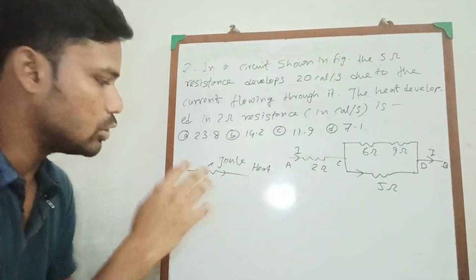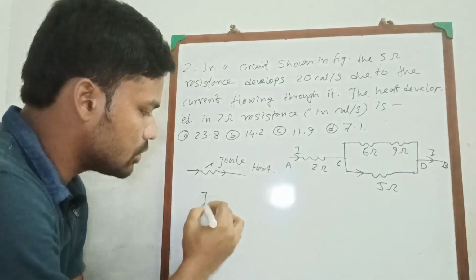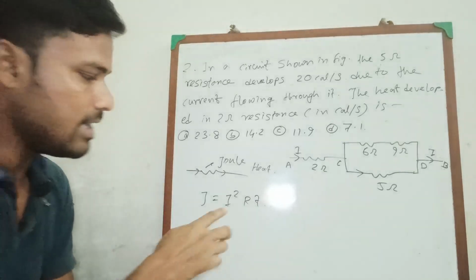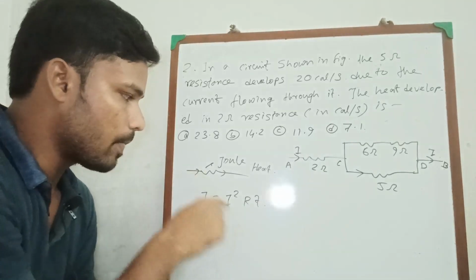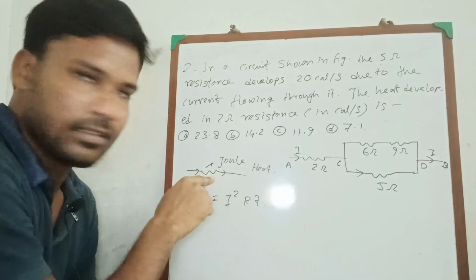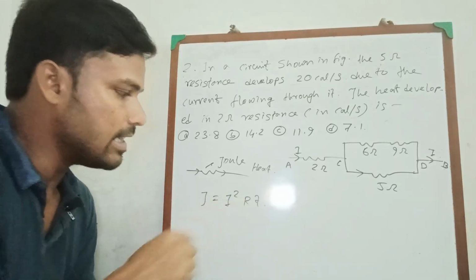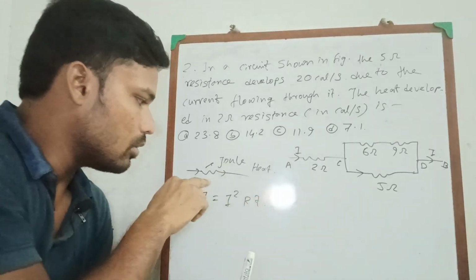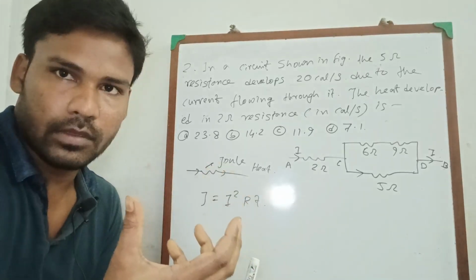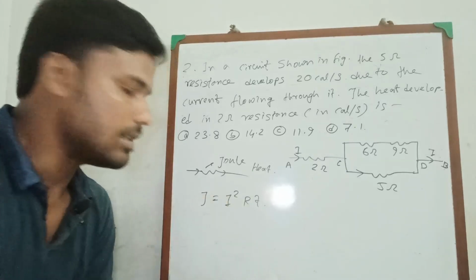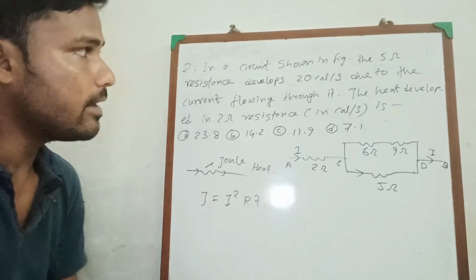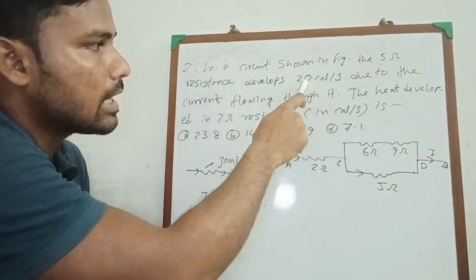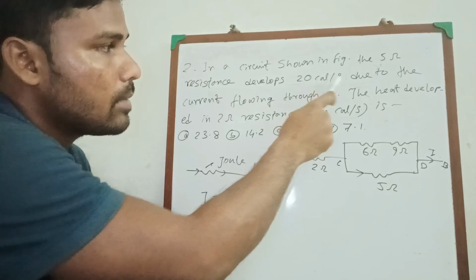We know the expression of joule heat, that is I square R into T, where I is the current flowing through it, R is the value of the resistance, and T is the time. The more time passes, the more heat is produced. So heat is proportional to time also. But here the unit given is calorie per second.